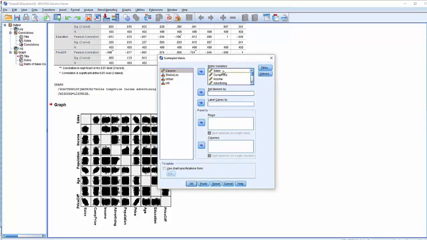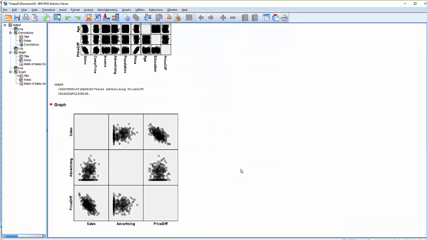I'm going to keep that one in there, take that one out, income out, price out, population out, age out. I'm leaving in some of the ones that I know I wanted to have a look at, which would be those in the end. And you can see I get a little bit better plot there.